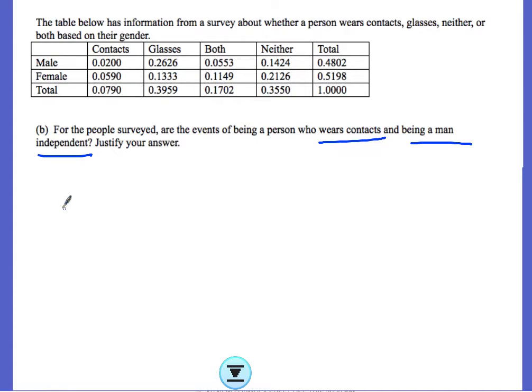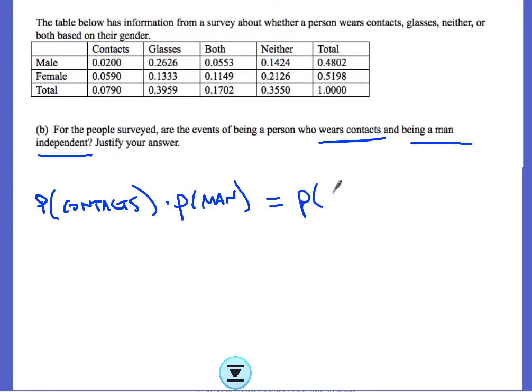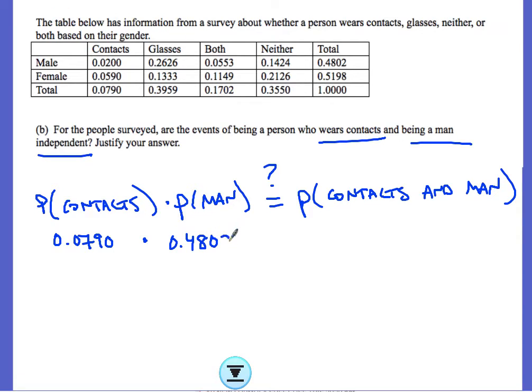So let's try, is the probability of wearing contacts times the probability of being a man, is that really equal to the probability of wearing contacts and being a man? All right, so the probability of wearing contacts, the total is 0.0790 times the probability of being a man is 0.4802.